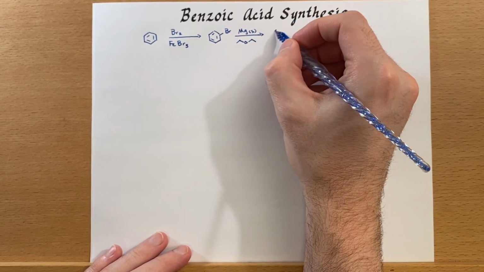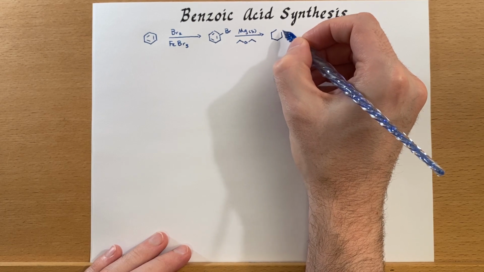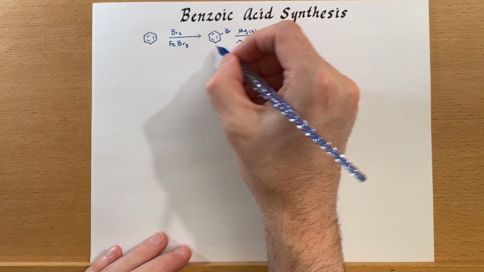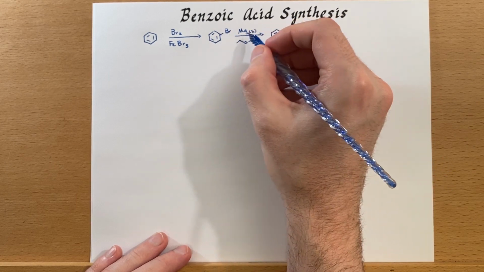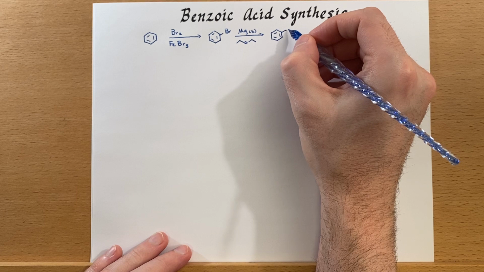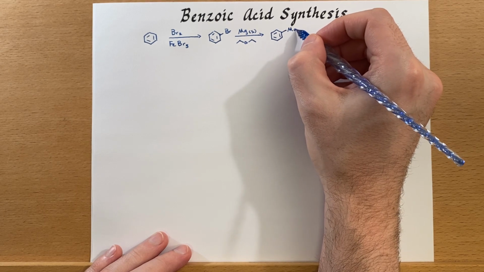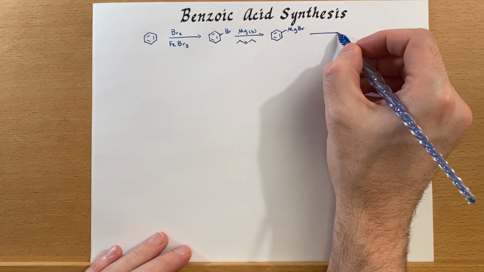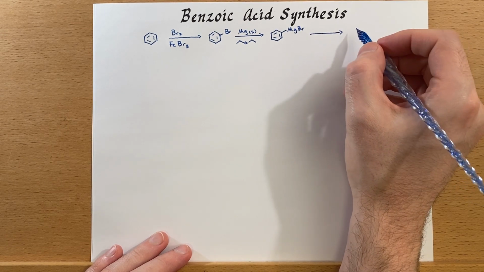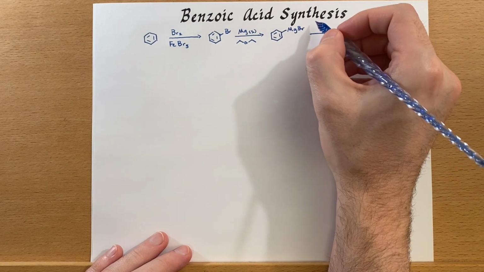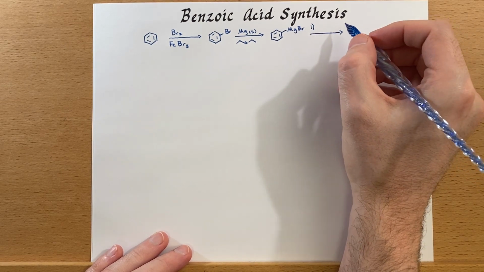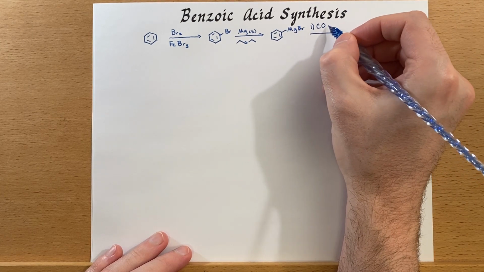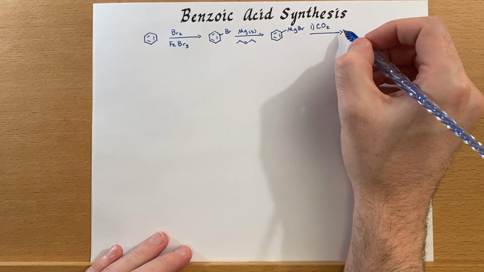So now we're generating the Grignard, and we actually had a laboratory video that made this particular transformation, the bromobenzene to the phenyl magnesium bromide. And then from here, although not pictured in the video on that process, we did in lab use carbon dioxide in the form of dry ice to convert this into benzoic acid.